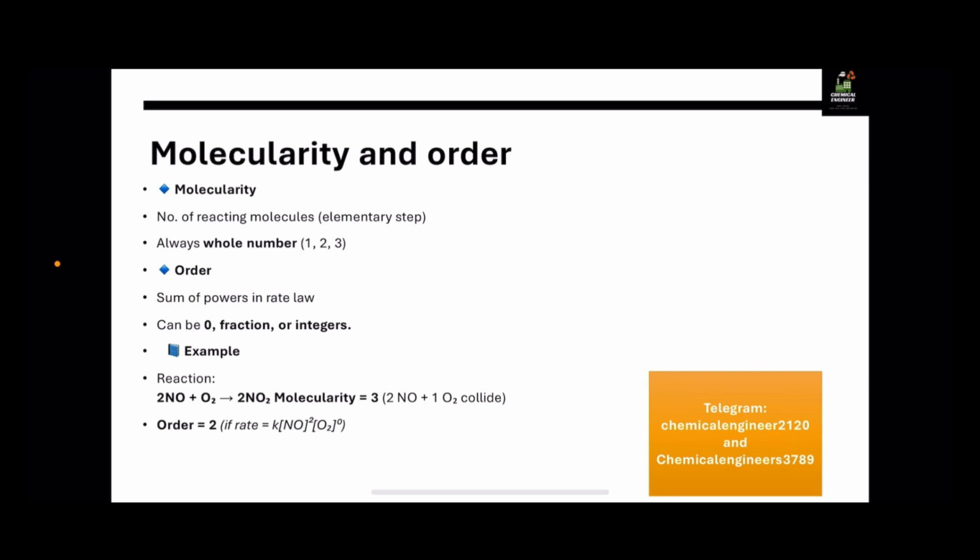So their power is 0 and anything raised to power 0 is 1. So the order here is 2. It means 2 moles of NO are reacting, that is the rate. Rate is this, but the order is 2.